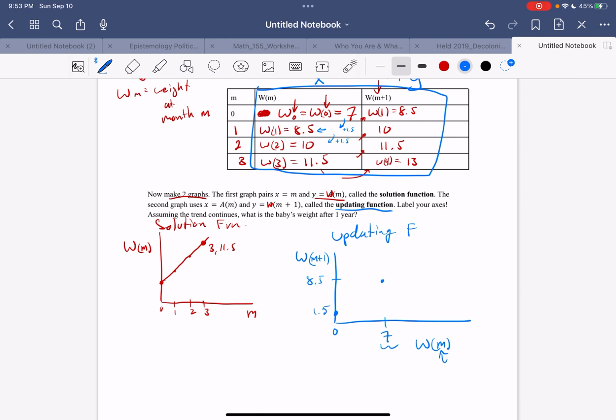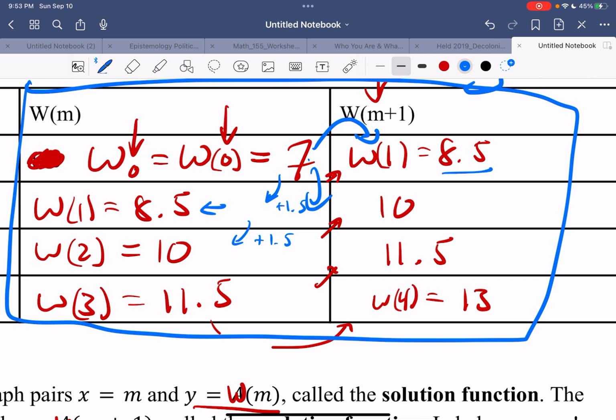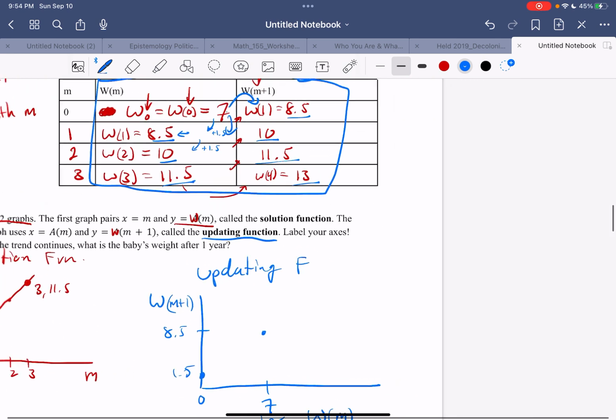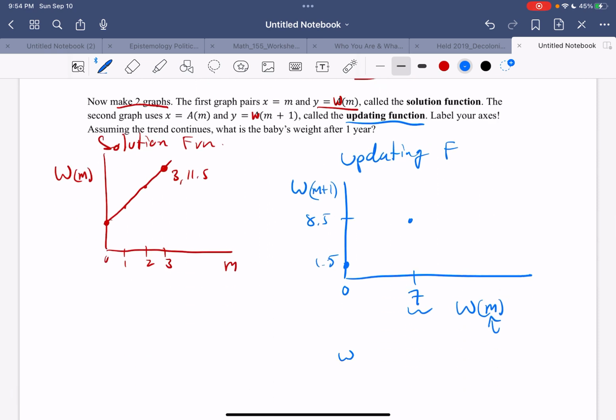That's the algorithm we did to go from 7 to 8.5, from 8.5 to 10, from 10 to 11.5, from 11.5 to 13. Whatever the weight was, we added 1.5, and that's the new weight, Wm plus 1.